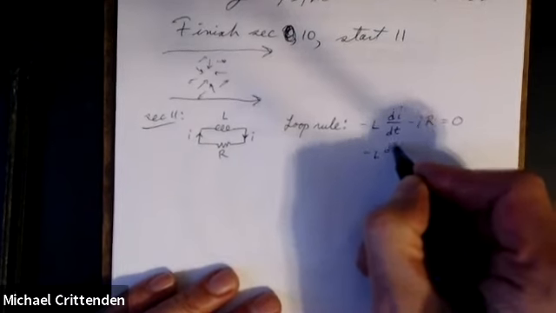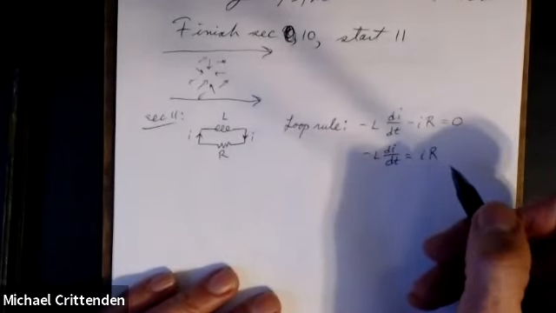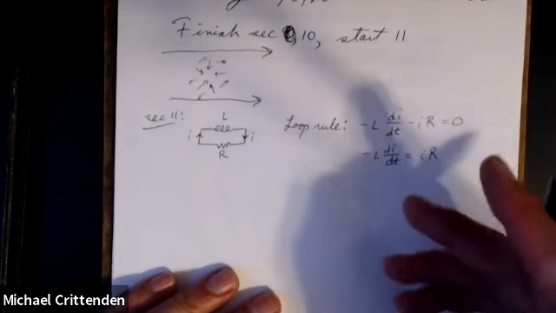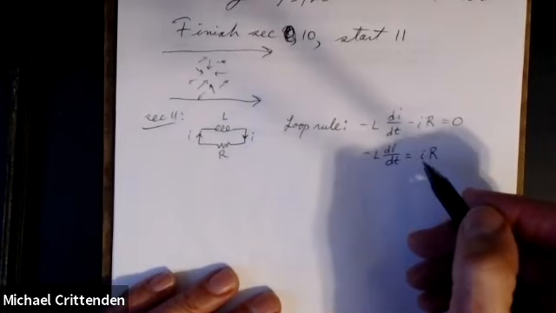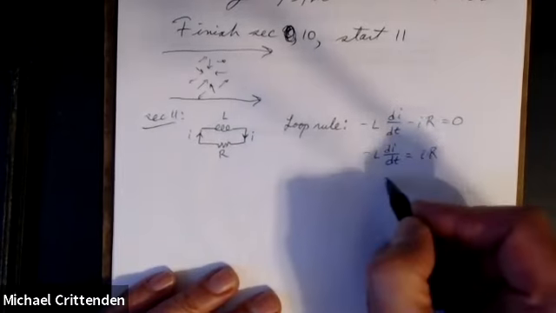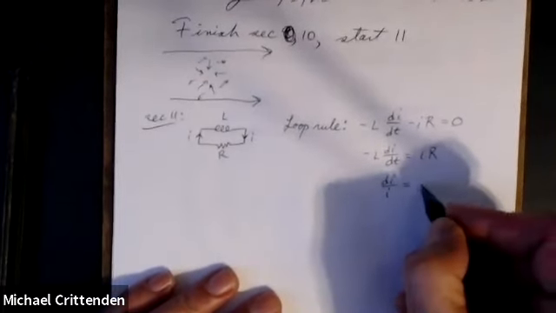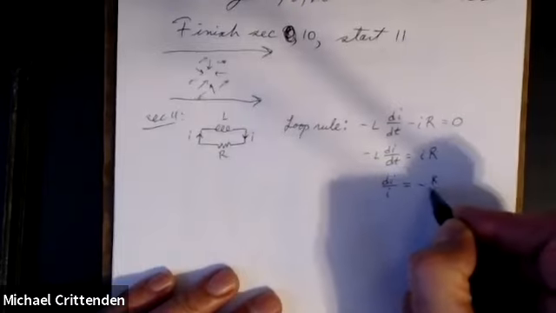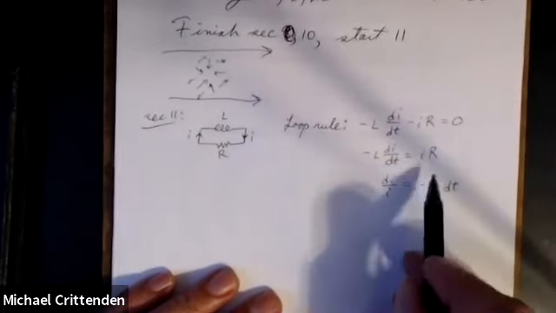L di/dt equals IR, and then it's kind of good to collect all the constants together in one place and all the i's together in one place, so di over I is equal to minus R over L dt.